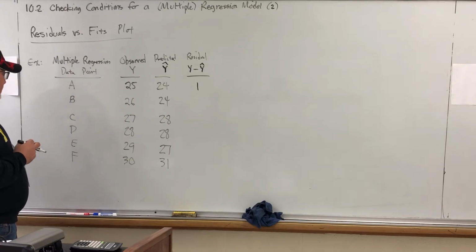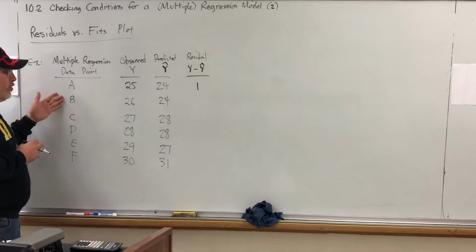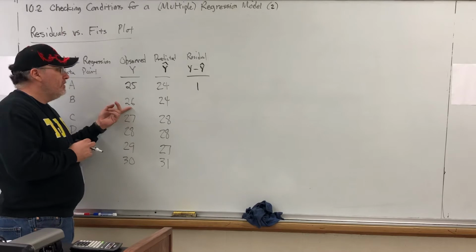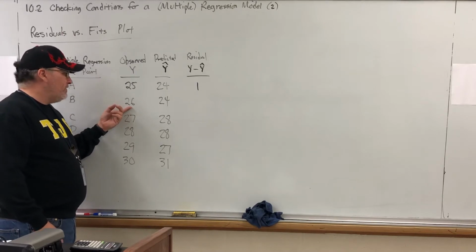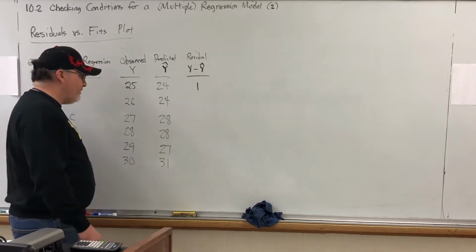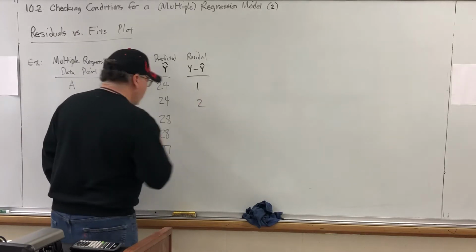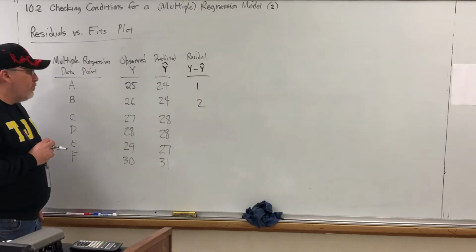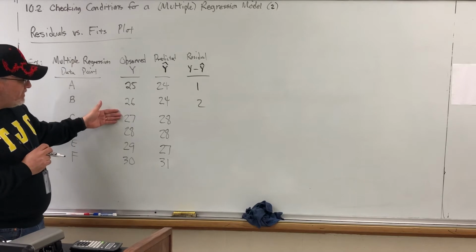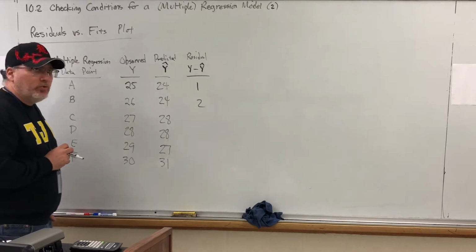And let's just do the rest of them. For data point B, let's say that we observed a response value of 26, but we predicted one of 24. Then the residual would be 2. For the next data point, we observed a response value of 27, but predicted a response value of 28.